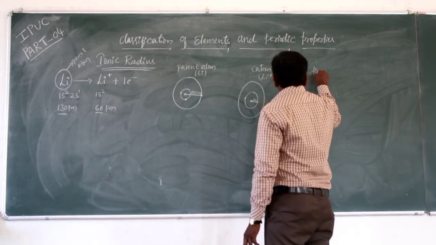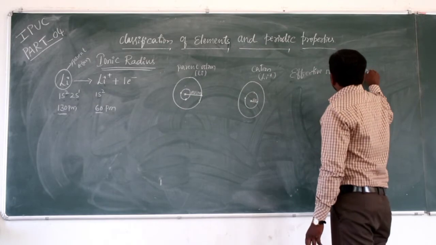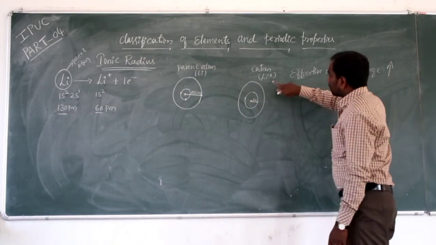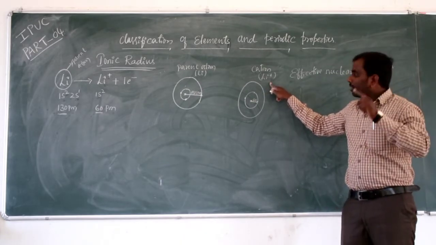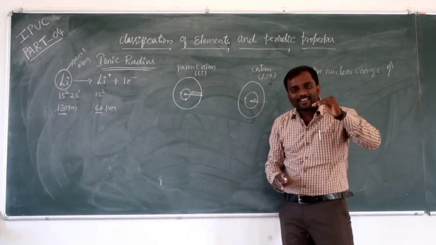Effective nuclear charge increases in the cation. That's why the ionic radius decreases.